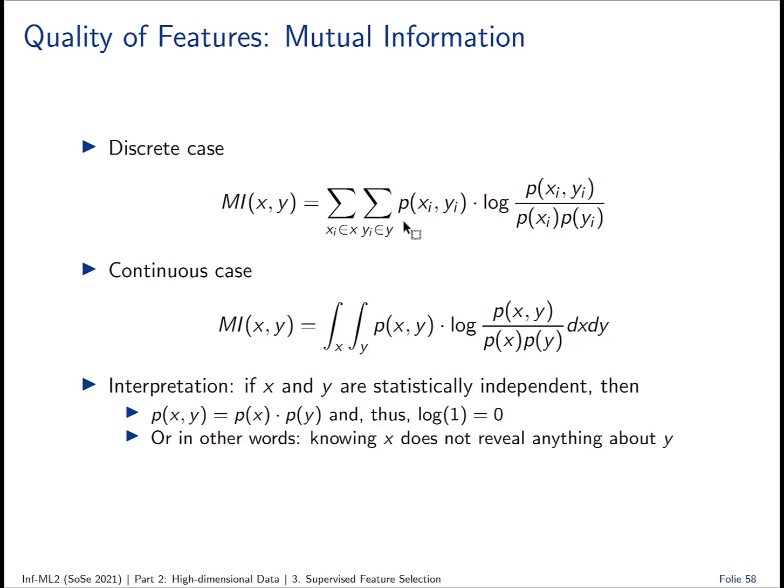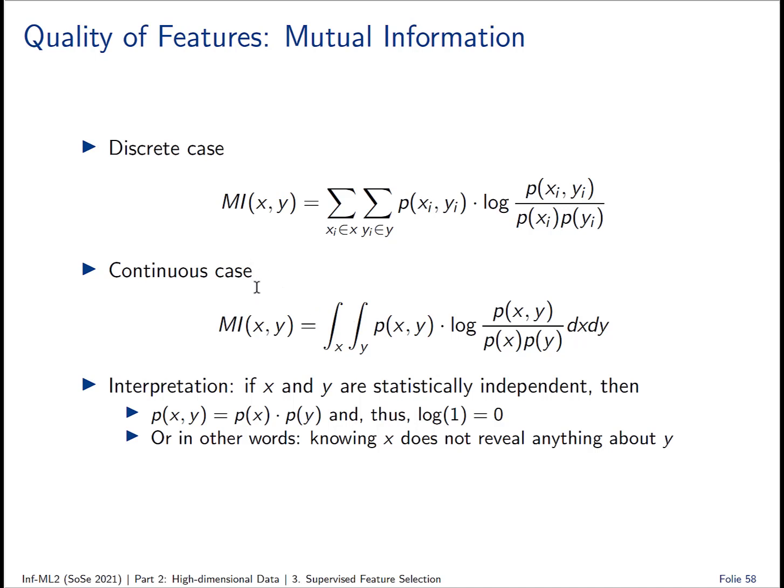In the discrete case, we just have to sum up all these probabilities. Especially, we take the log of the joint probability divided by the marginal probabilities, times the joint probability.